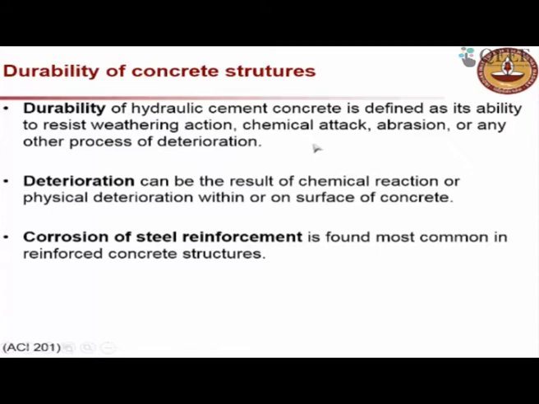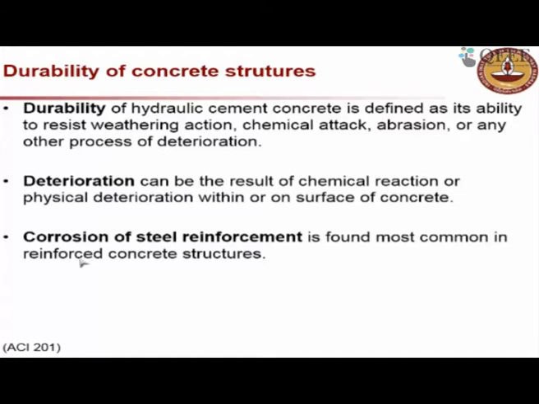In this course we will focus more on corrosion as an attack. The deterioration can be a result of chemical reaction or physical deterioration within or on the surface of the concrete. When we talk about corrosion, something is getting into the concrete which leads to the corrosion of the steel embedded inside the concrete.